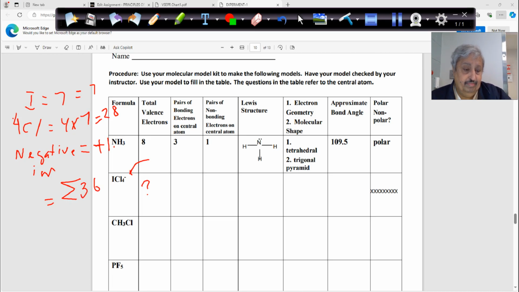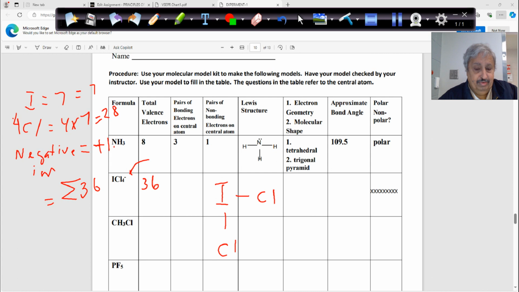Okay, now pairs of bonding electrons on the central atom. Well, we have to do the Lewis dot structure of it. So the Lewis dot structure will look like this. The iodine is 1, and you have the chlorine all over the place, correct?